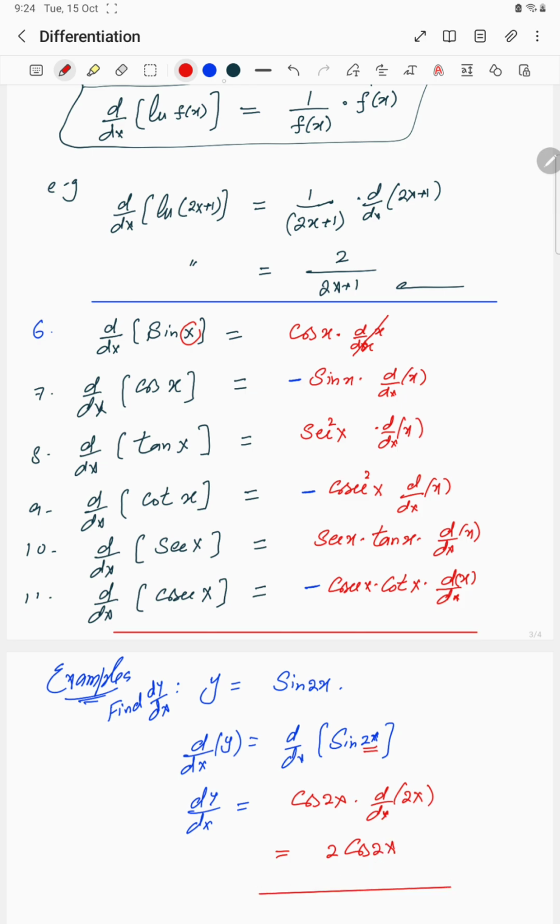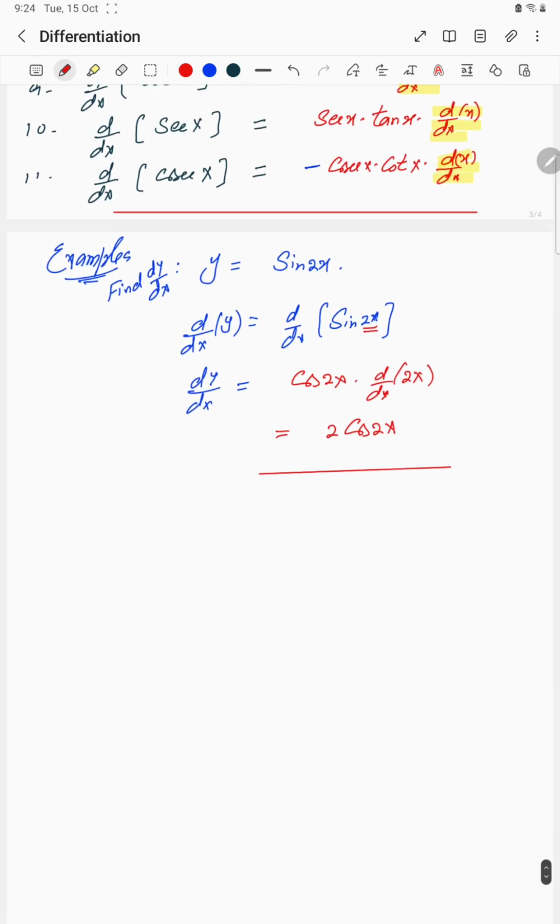So that is the reason why I wrote this. I'm going to highlight this. This is important: you must differentiate the angle at the end, after applying the rules. Right?